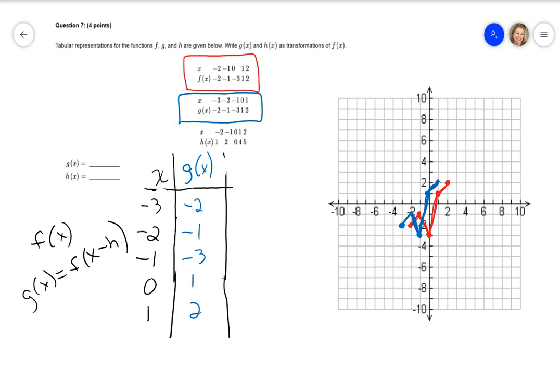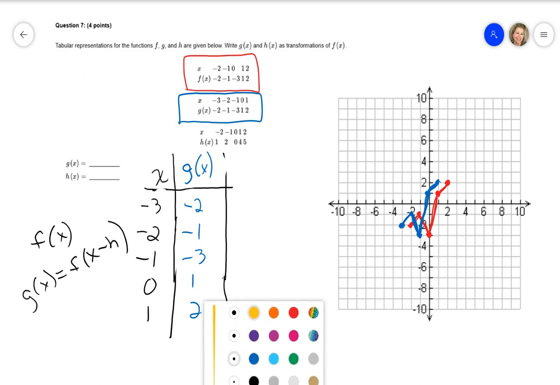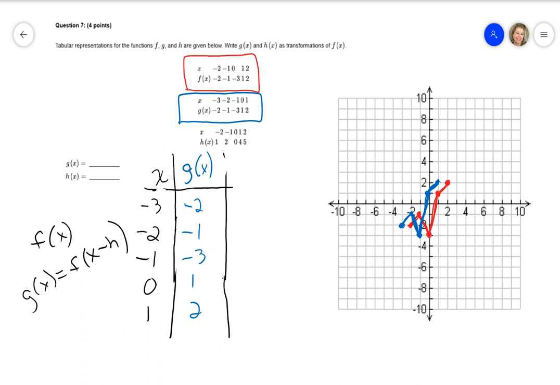However, since we are moving to the left, when I go from, let me use yellow on this, when I go from this point to this point, or from this point to this point, or this point to this point, I'm going from red to blue, I'm moving to the left 1 unit. So that would be a move of -1.